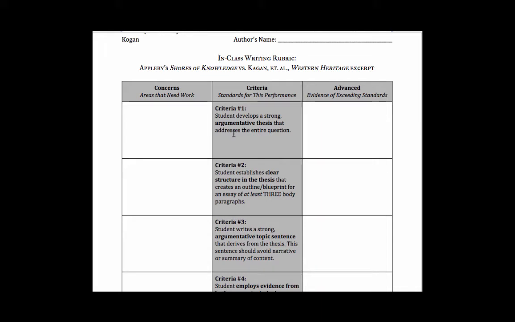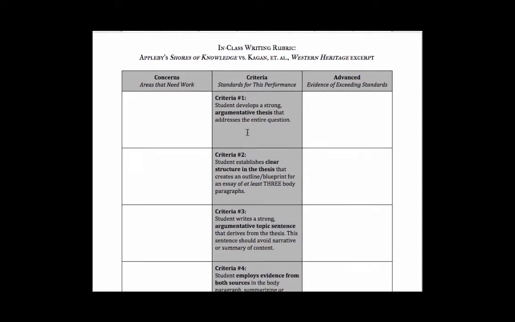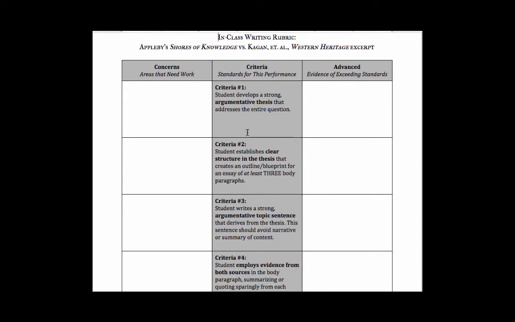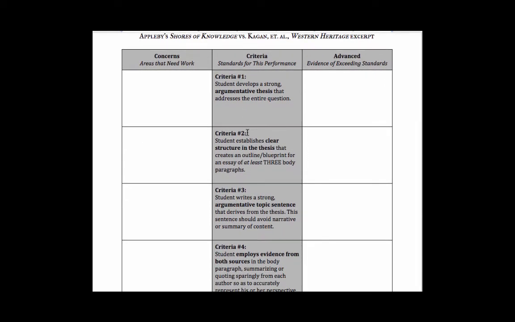So, here are the 5 major things that I'm looking for as you do this writing assignment. And I think that you'll see these criteria are ones which naturally emerge from having written a strong argumentative and interpretive historical question.